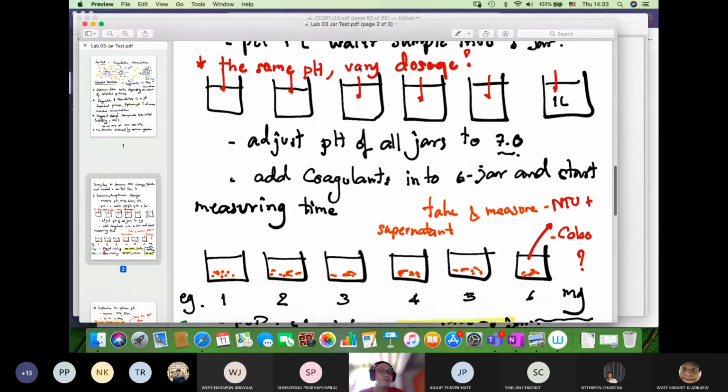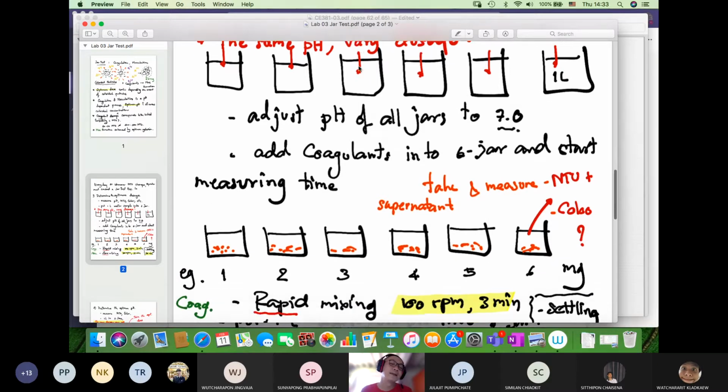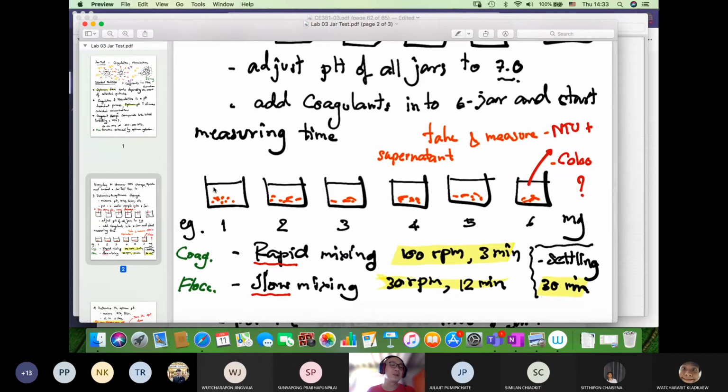Then soon after we add the coagulant, we start mixing, starting with rapid mixing followed by slow mixing. Rapid mixing takes like 3 minutes. Slow mixing takes like 12 minutes. After 12 minutes of gentle stirring, we need to lift the stirrers out of the jars and let the floc precipitate.